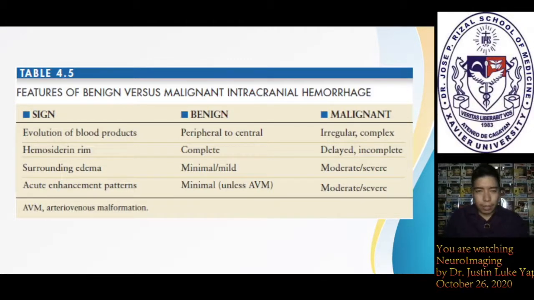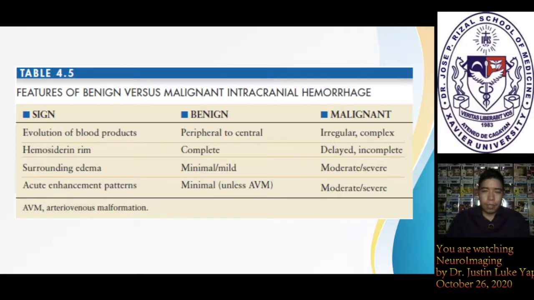Then quickly let's talk about how to differentiate between benign and malignant intracranial hemorrhage. So benign intracranial hemorrhage would mean the typical hypertensive hemorrhage or those caused by benign disease entities, while malignant intracranial hemorrhage pertains to those caused by metastasis or a primary tumor.